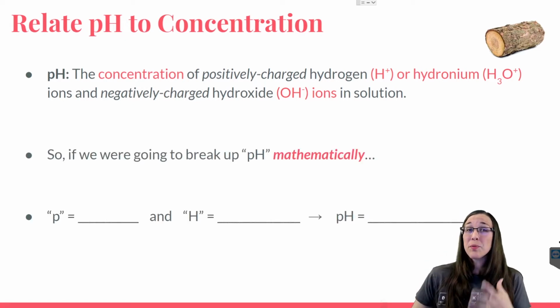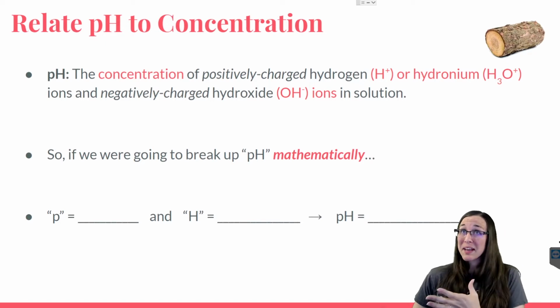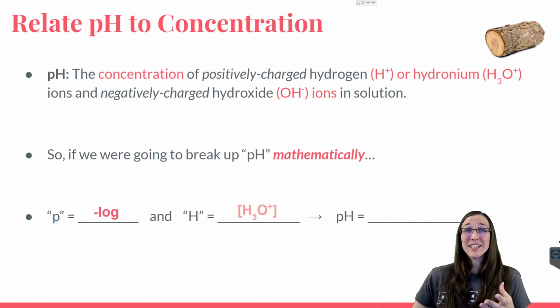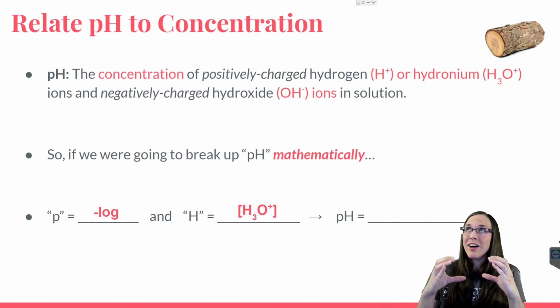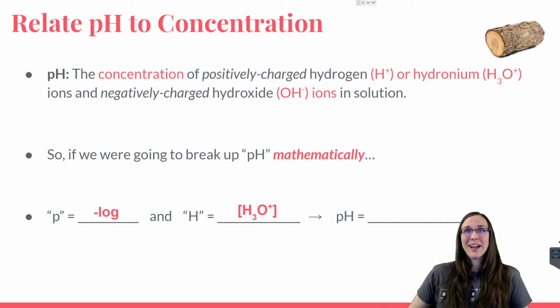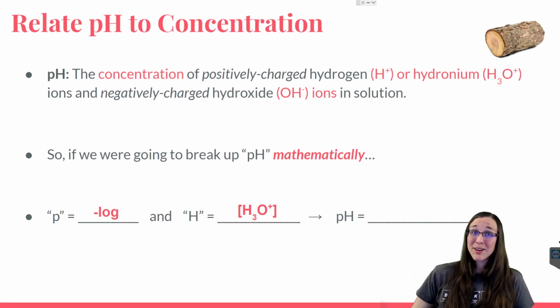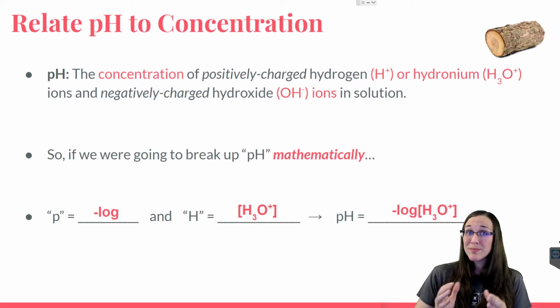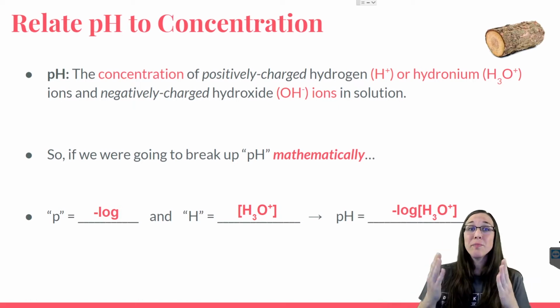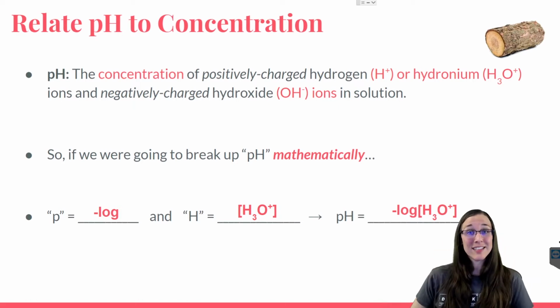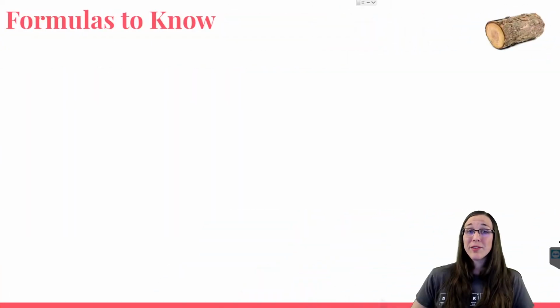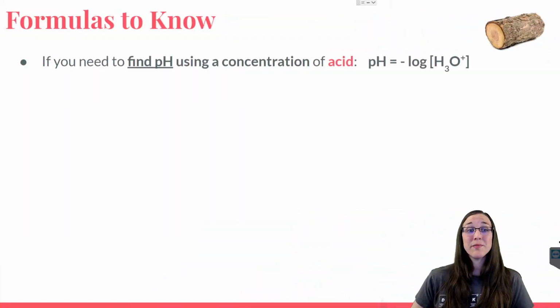If we were going to break up the pH mathematically, the P, as we stated, is a negative log, and the H is the concentration of hydrogen ions, or hydronium ions, H3O+. Therefore, pH as a mathematical setup is literally equal to negative log times the concentration of protons, hydronium ions, in solution. And that's where our very first formula comes from in terms of pH.